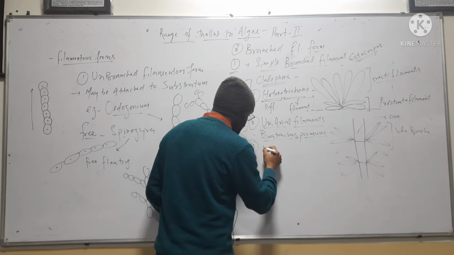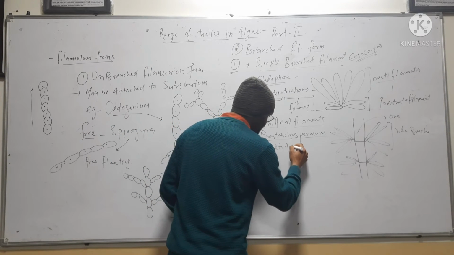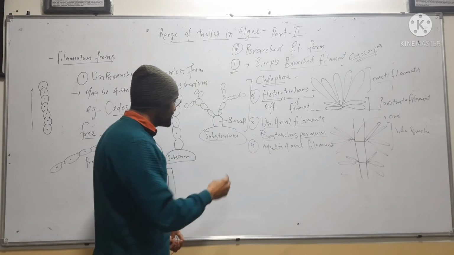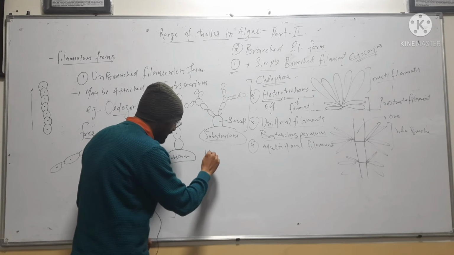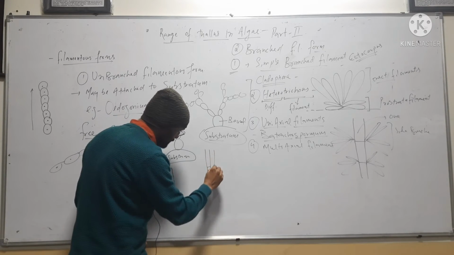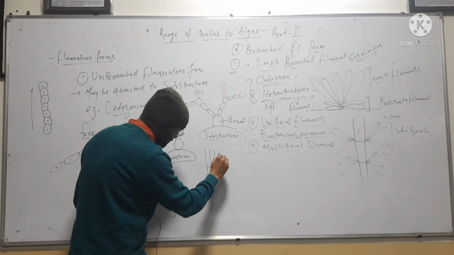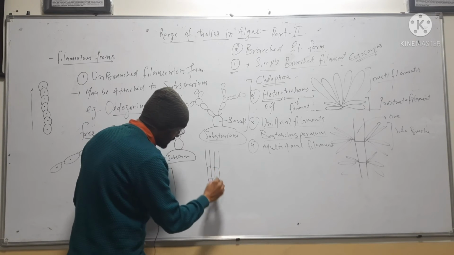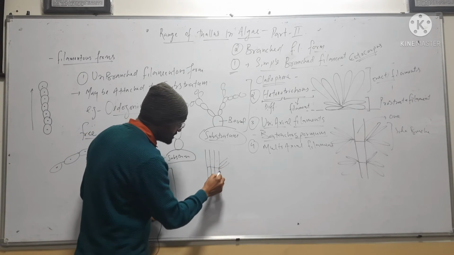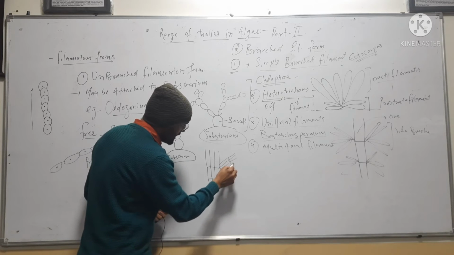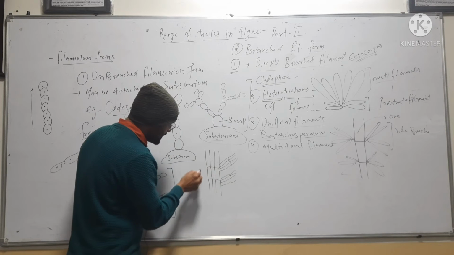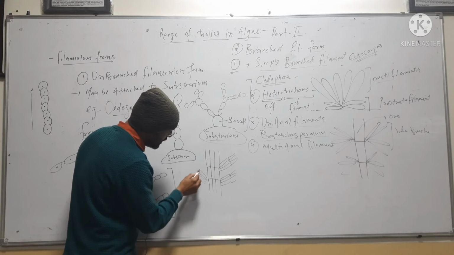Fourth one is multi-axial filaments. Here filaments have more than one axis. You can see that in this diagram. This is a filament and it has 1, 2, 3 axes. So this type of filament has more than one axis, and every axis is present in close vicinity with another axis.